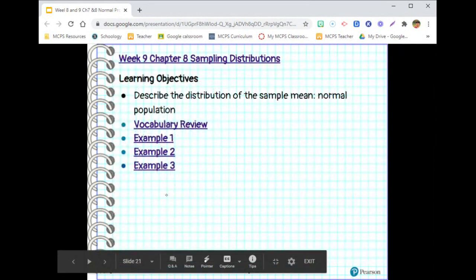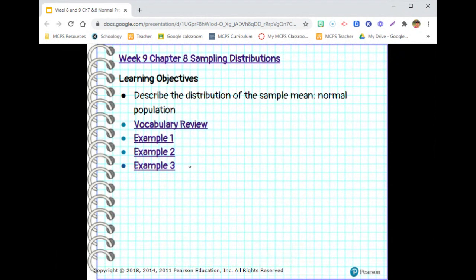Okay. So that's week number 8. We have week number 9. So this is your assignment, your homework for this week, chapter 8, sampling distributions. The learning objective for this week is to describe the distribution of the sample mean for a normal population.